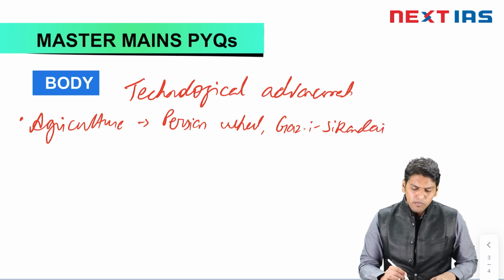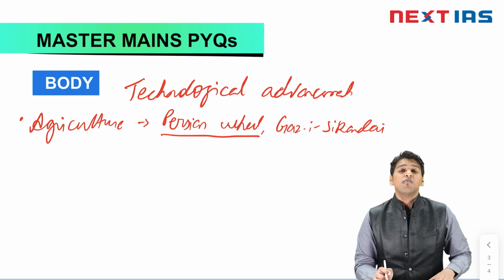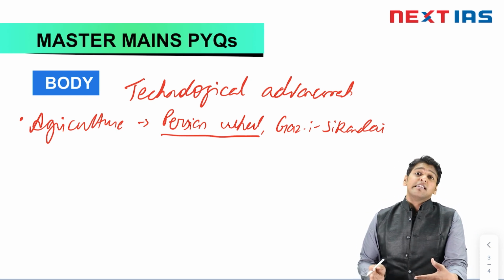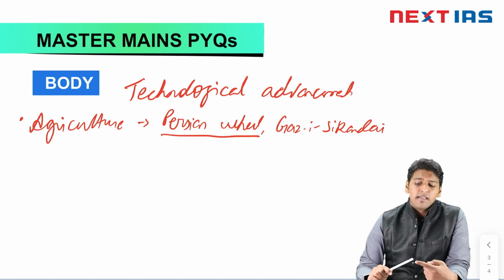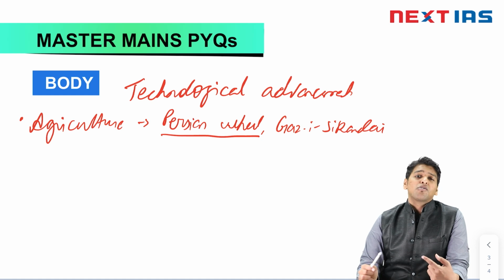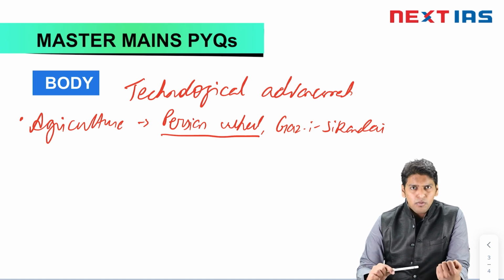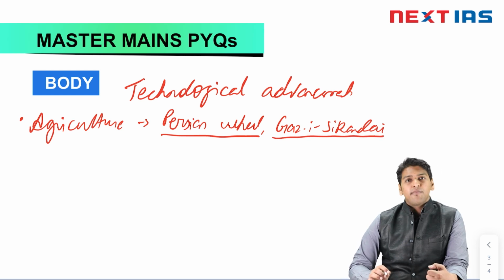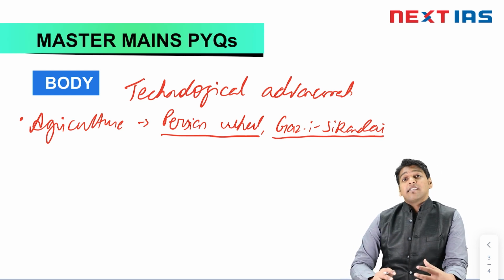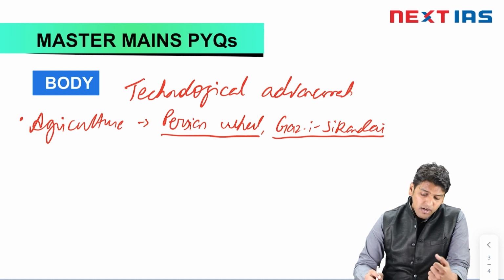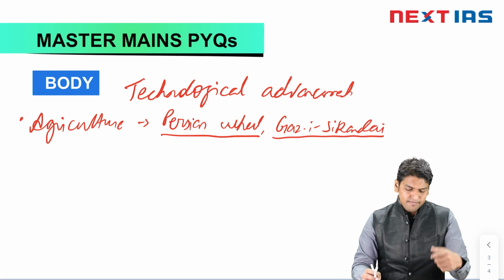The Persian wheel improved the efficiency of the irrigation systems of that time. This brought a lot of area under the plough which otherwise could not be brought. Next, Gaz-e-Sikandari was a unit for land measurement, and it standardized the land measurement of that time. So it also improved agriculture.